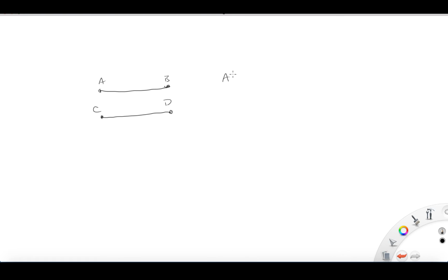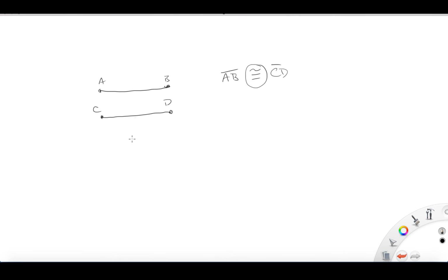So line AB is equal to and congruent to line CD. This symbol right here says that line AB is equal to and congruent. The word congruent means exactly the same, okay?